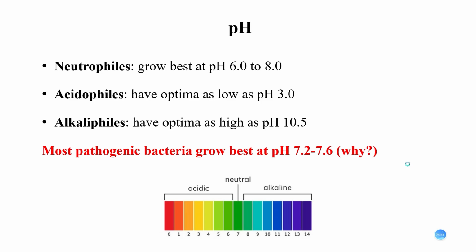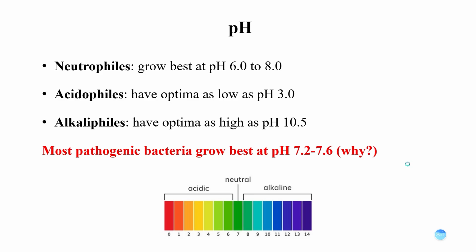Some bacteria, they prefer pH in the middle, around 7. So pH 7 we call neutral. And when they prefer pH around 7, from 6 to 8, we call them neutrophil.